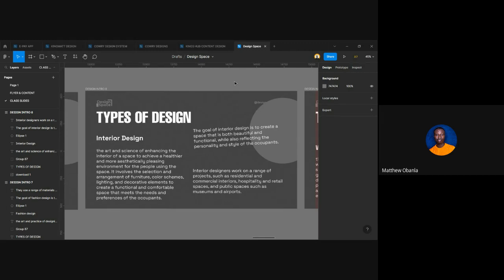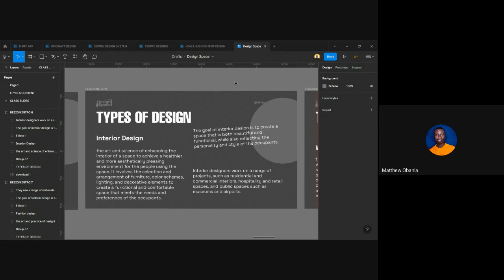Look at the ergonomic chairs that are coming into vogue now. They are based on designs that made people understand that if you are sitting this way too long, you need to change positions, so they made those chairs in such a way that you can always change the position. Those are what design does. I mentioned that the goal of interior design is to create a space that is both beautiful and functional, while also reflecting the personality and style of the occupant.